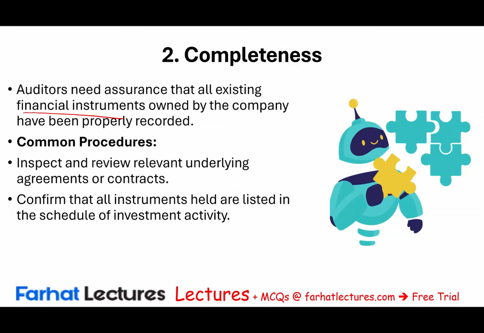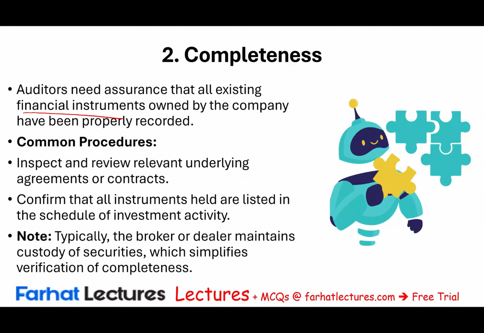You compare it to the broker dealer records, and if there's something with the broker dealer that's not on the investment schedule, then it's missing. If you're buying a private company, there should be an agreement stating how much you paid for it, some sort of contract. Based on that, you can figure out the initial purchase, and it will help you with the valuation.